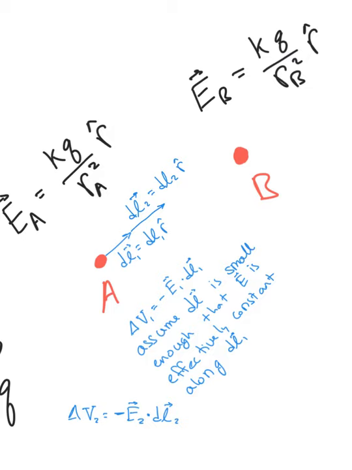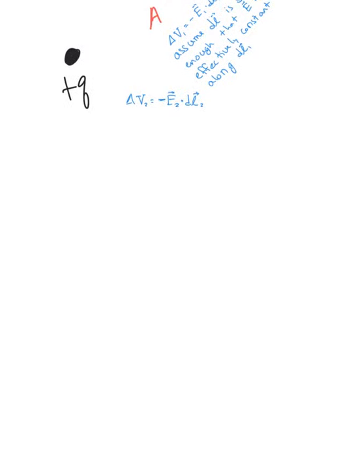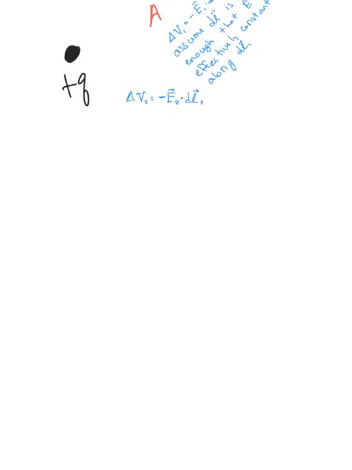Hopefully you can see where this is going. I can just keep adding on little displacements, which hypothetically should all be the same length, but it's not. I'm not going to worry about my artistic integrity right now. You add up a bunch of little lengths, and once you've done this, you can write your total change in potential as a sum of all of these little steps.